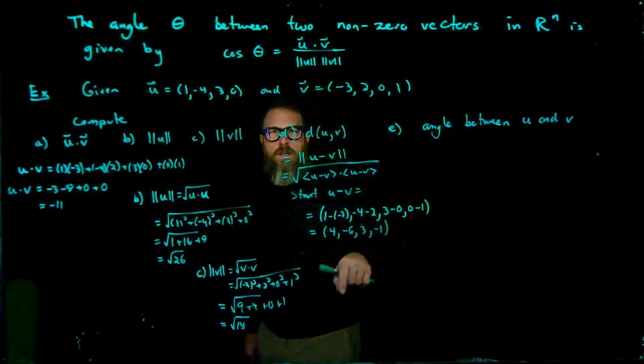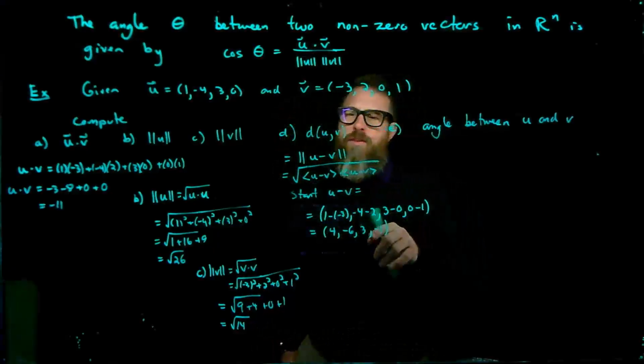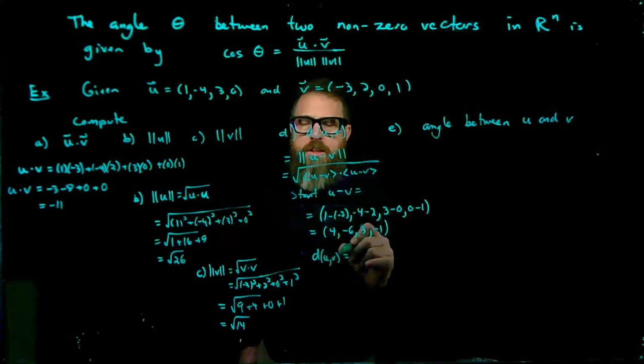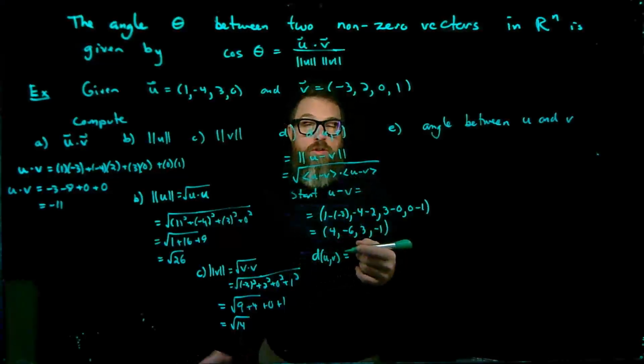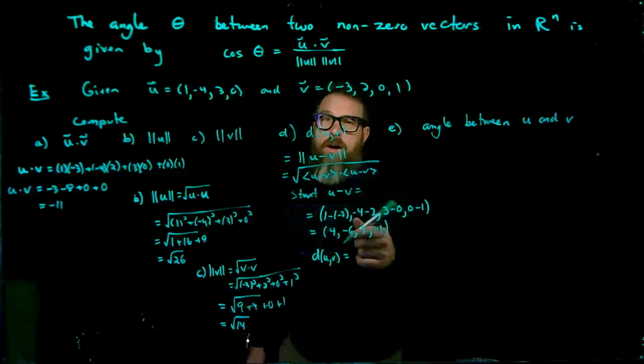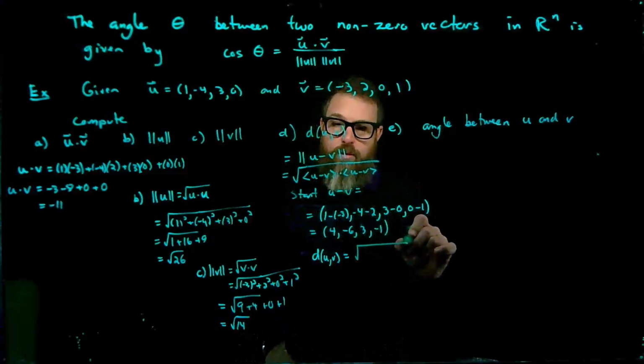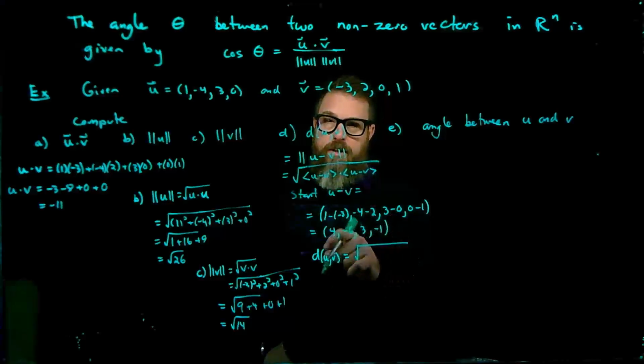So what we know is that the distance between the two vectors, which is the norm or the length of the subtraction, is going to be equal to the square root of this u minus v dotted with itself.